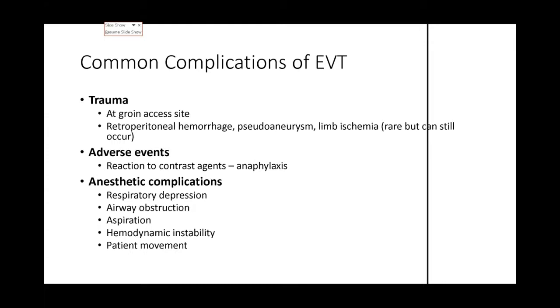And because we're giving drugs, adverse reactions to the drugs that are given, including anaphylaxis, can happen. And with conscious sedation or GA, we can always have anesthetic complications such as respiratory depression, airway obstruction, aspiration events, hemodynamic instability, and patient movement.